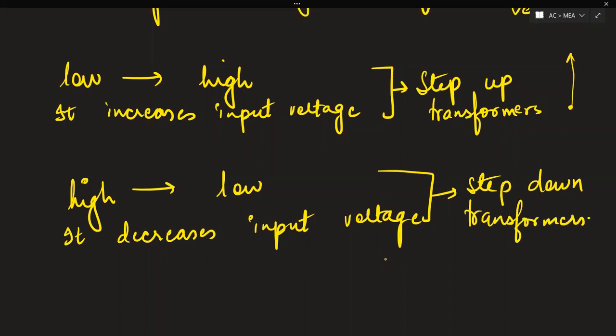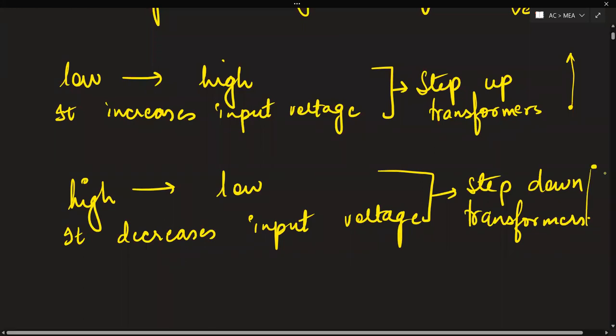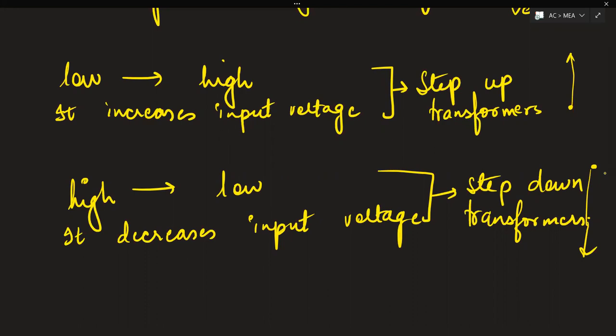Now, why do we call it step down? Because from high voltage, it is going back to the lowest position, or the input voltage is getting decreased. Fine. So there are different arrangements of transformer also, that's a different thing. But basically, you have step up transformers and step down transformers.